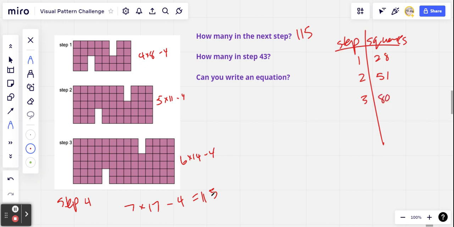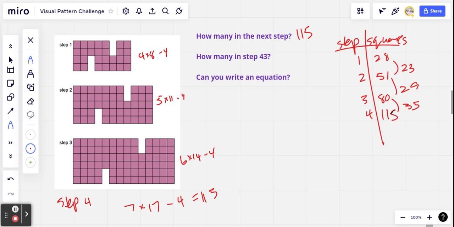And then we've got step 4, we're predicting 115. So let's go ahead and take the differences here. Let's see, 51 and 28, is that 23? And then 80 and 51, 29. And then 115 and 80, that'd be 35.